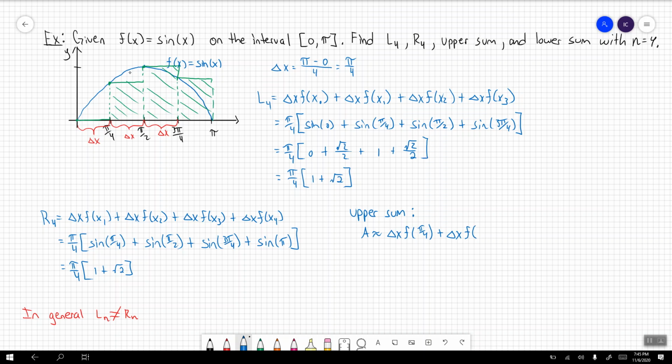For my second interval, the highest point happens at pi halves. My third interval, the interval from pi halves to 3 pi fourths, the highest point occurs once again at pi halves. And then finally, in the last interval, the highest point occurs at the leftmost endpoint of 3 pi fourths.